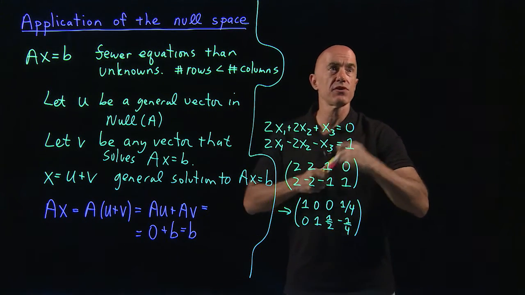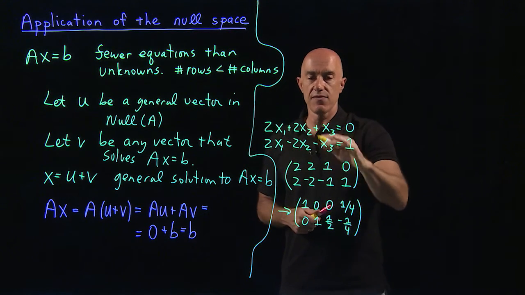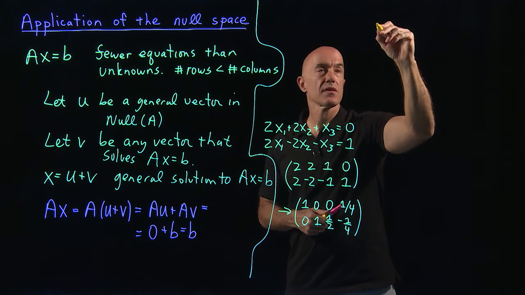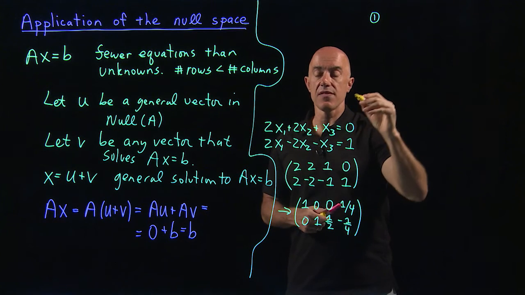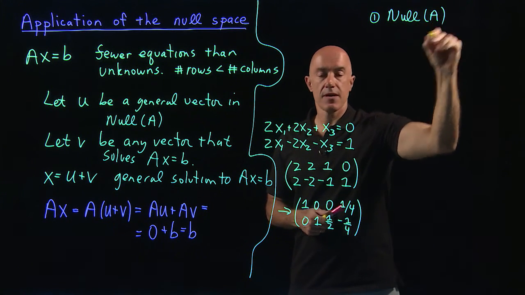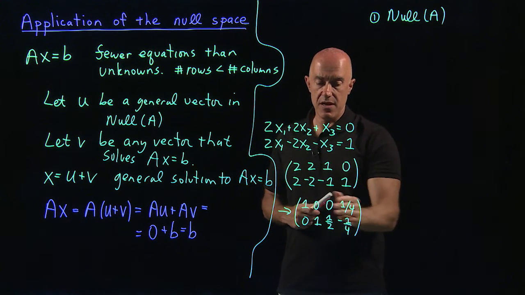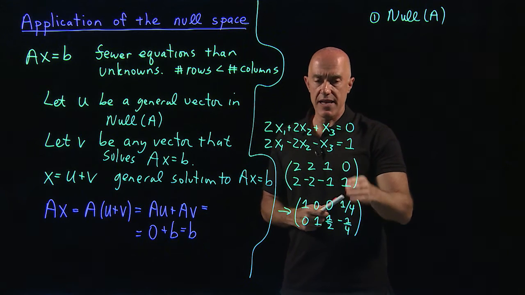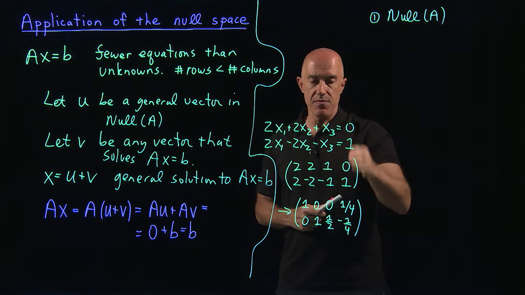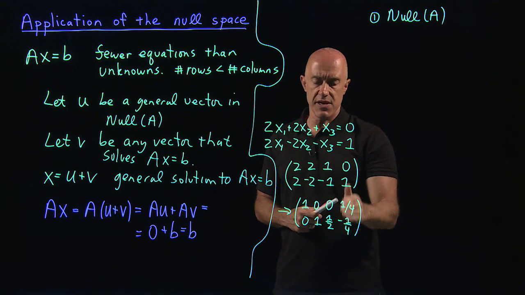The first step of finding the general solution of these two equations will be to find the null space of A. We find the null space of A by forgetting about the right-hand side. The last column comes from the right-hand side, and for the null space, the right-hand side is 0.